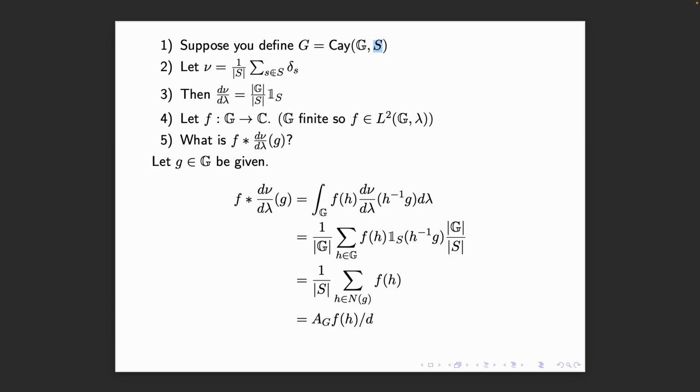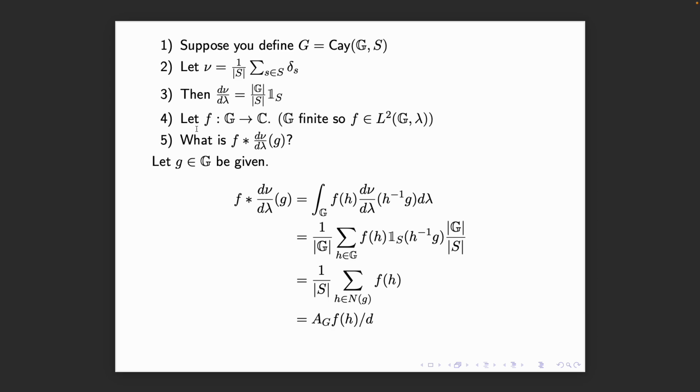So what we do is we sum the Dirac delta function at all the points of the generating set, and then we divide by the number of generators. The Haar measure is the uniform probability measure on the group. The Radon-Nikodym derivative of nu with respect to lambda is the number of elements of the group divided by the number of elements of the generating set times the characteristic function of the set.